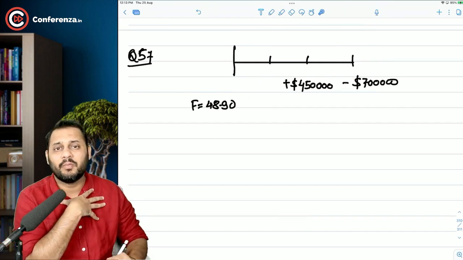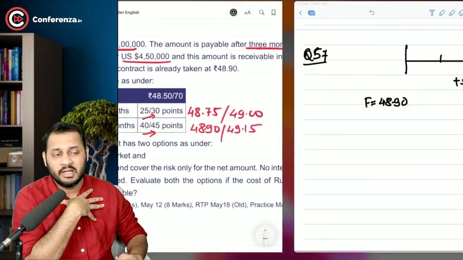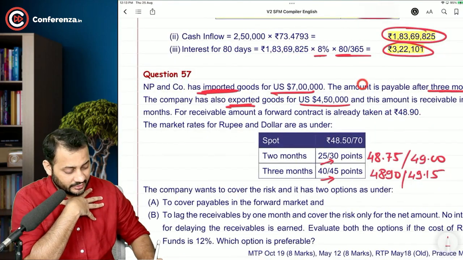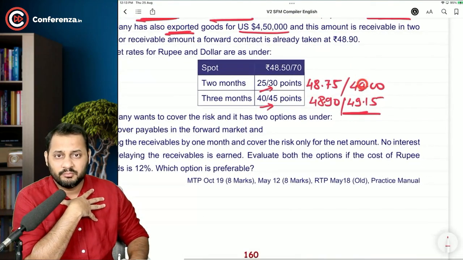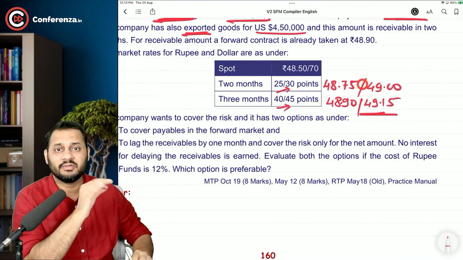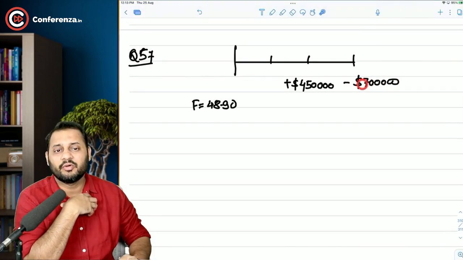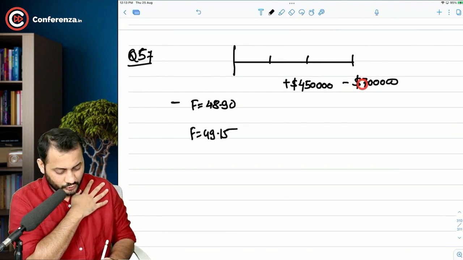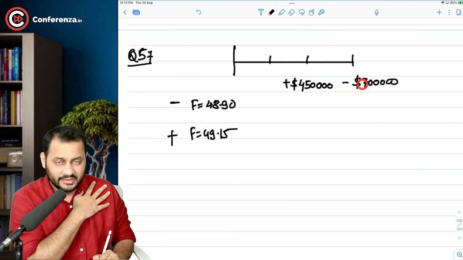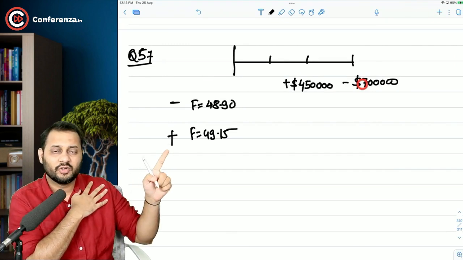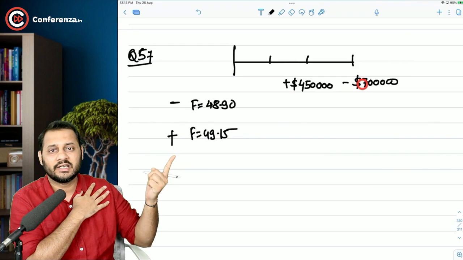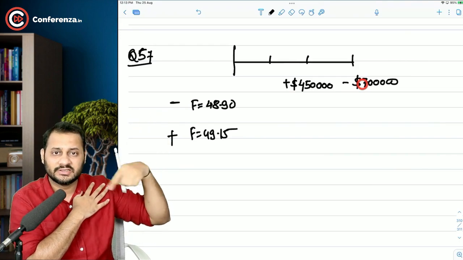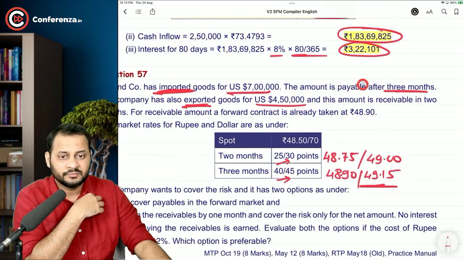If we want to buy dollars after 3 months, the bank will sell dollars at the ask rate of 49.15. So this is the applicable rate today. You sold the forward contract, you will buy the forward contract. Buying the forward contract means buying the currency at a future date. Selling the forward contract means selling the currency at a future date.